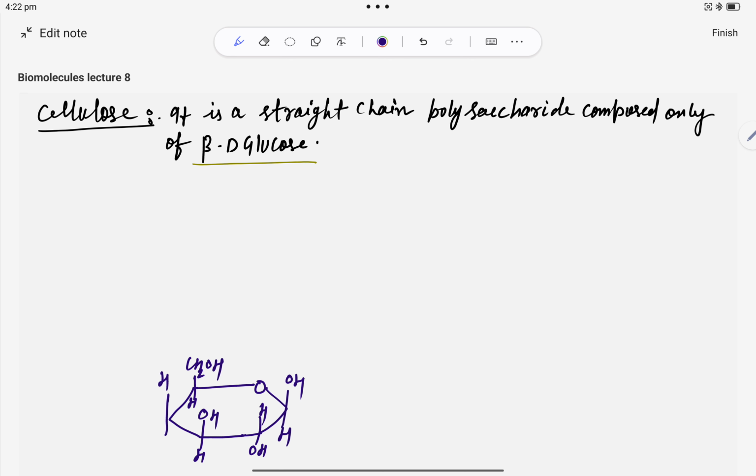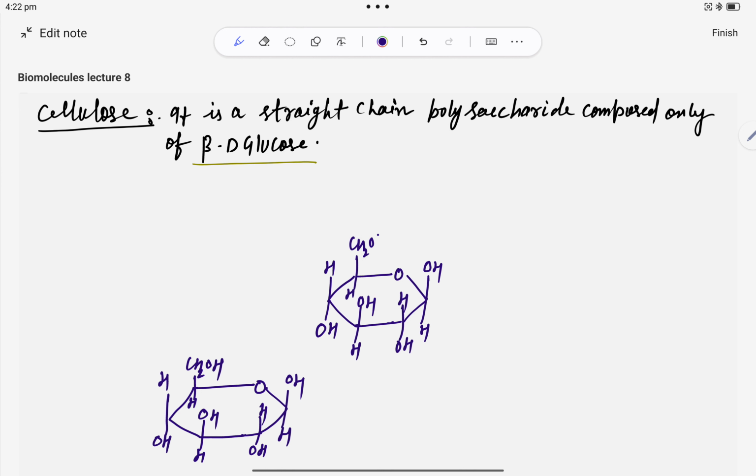Another molecule: OH, H, OH, H, OH, H, OH, here also H, and here H, CH2OH. Third molecule: OH, H, H, OH, OH, H, H.